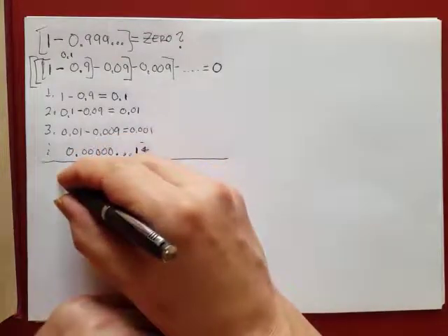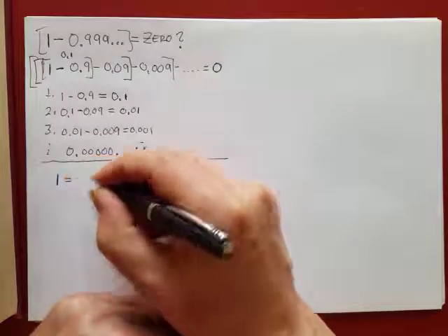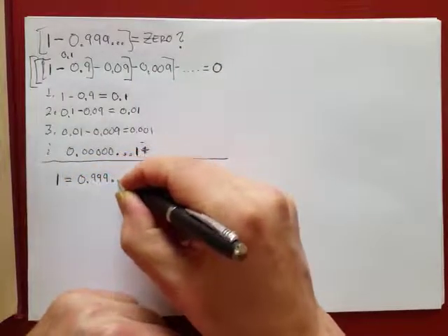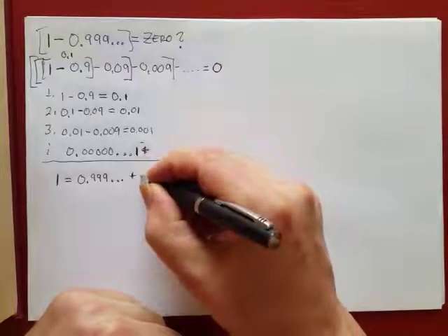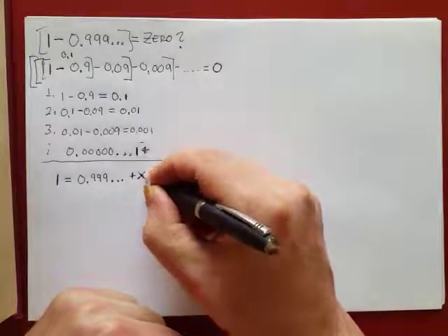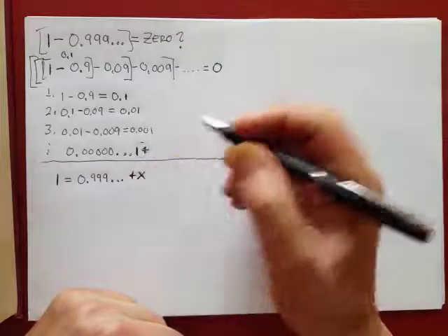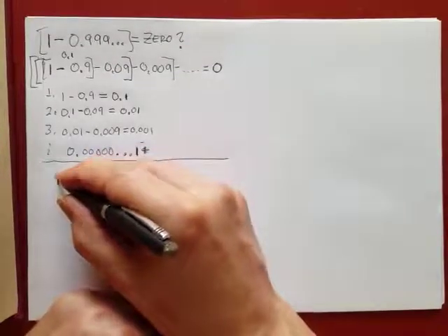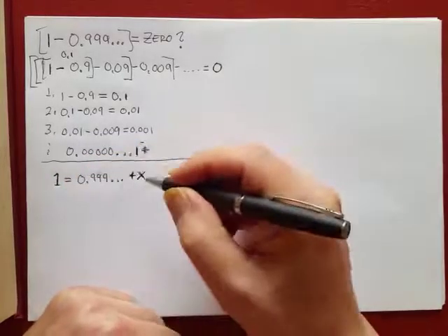That means that 1 should be equal to 0.999 plus that tiny little number. We call that x. So how tiny is that? Well, we have to solve this equation here. So 1 should be equal to this.